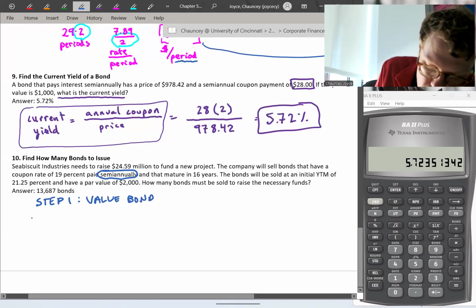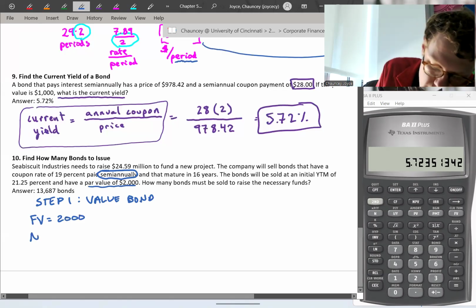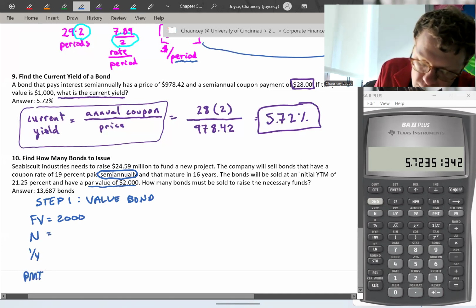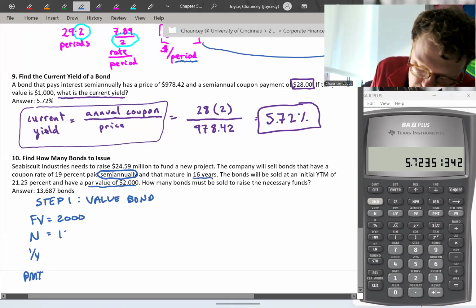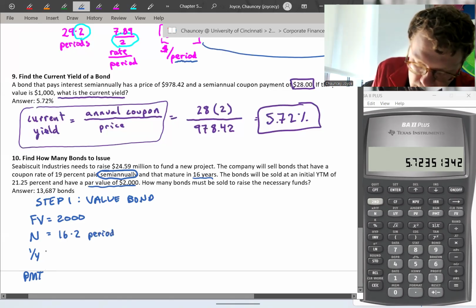So we know face value, par value is 2,000. It's paid semi-annual, so I need to be careful on timing, rate, and magnitude here, frequency of payment. So time is 16 years, so we just take 16 times 2 for number of periods. We take our yield.